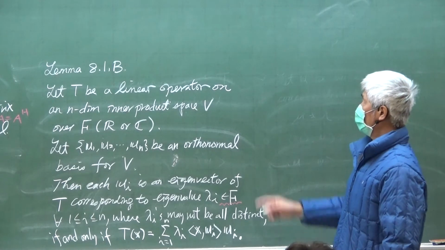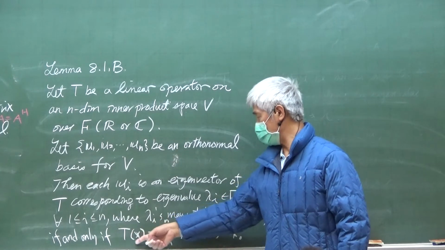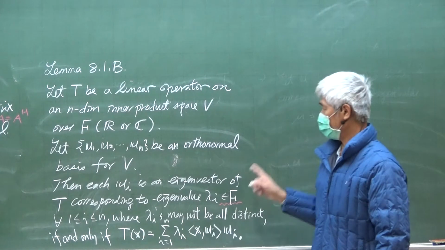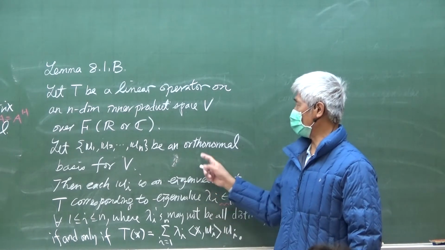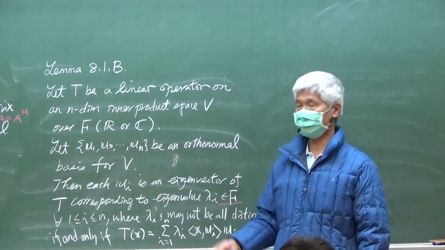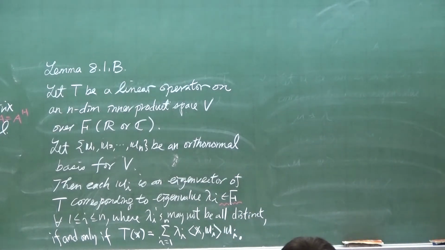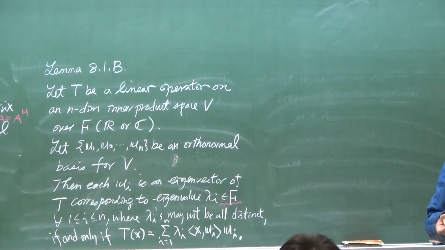So the lemma tells us that we have such a simple decomposition for the linear operator if and only if we can find an orthonormal eigenbasis for V. And we gave a necessary and sufficient condition for such an eigenbasis to exist in chapter 6.